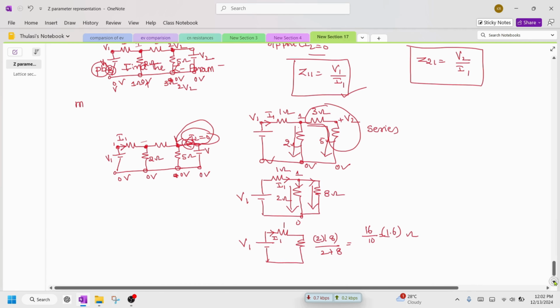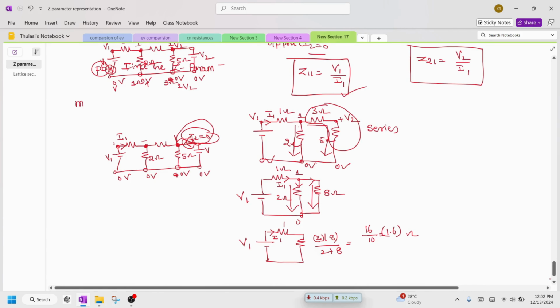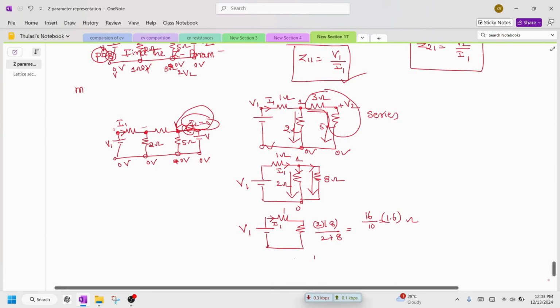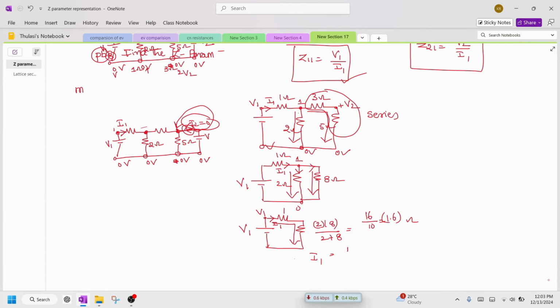So resultantly you can write down the magnitude of I1. What is the voltage at this point? V1. So I1 is equal to the current. What is the current flowing in this branch? V1, high potential minus low potential, divided by the resistors connected in series.